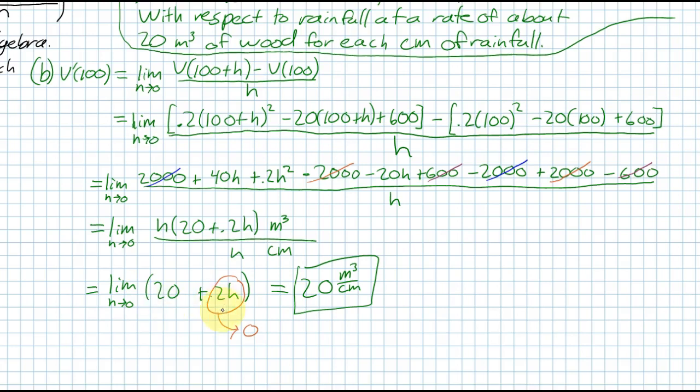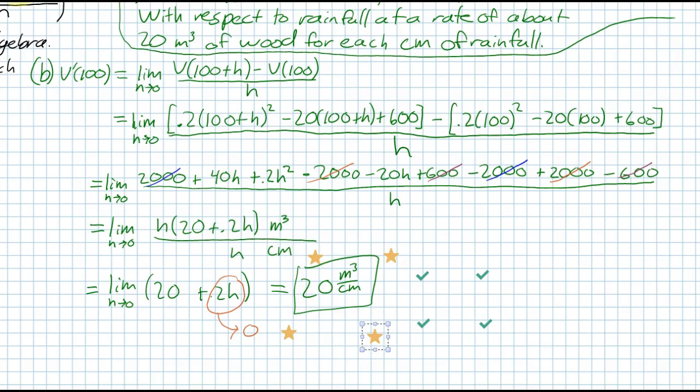And then you get 20 plus 2h, and the 2h gets closer to 0 as h gets closer to 0, so the limit is just 20. So yeah, give yourself a big pat on the back if you got that one correct. Or a gold star. Yay.